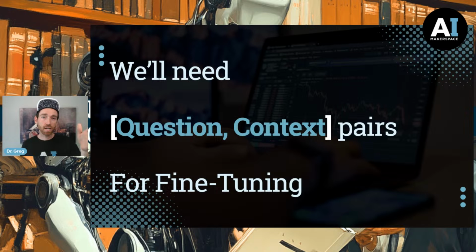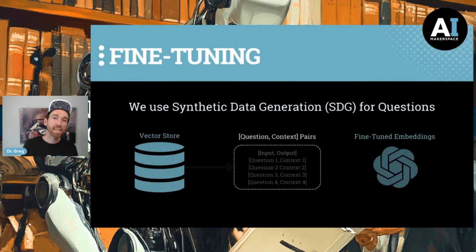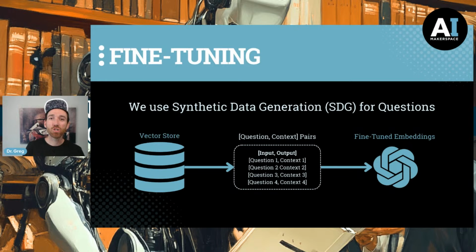So if this context gives me this question, then I'm starting to get along the path. Wait, did he say this context gives me this question? Yes, I did, because we actually need to generate hypothetical questions based on ground truth context. And here is where our good friend SDG comes in, where we take our data and generate question-context pairs so we can fine-tune embeddings.